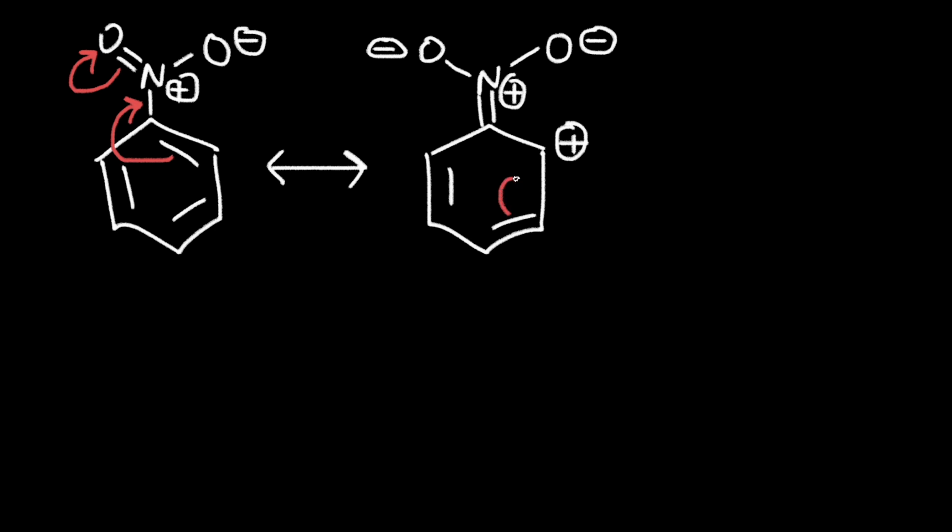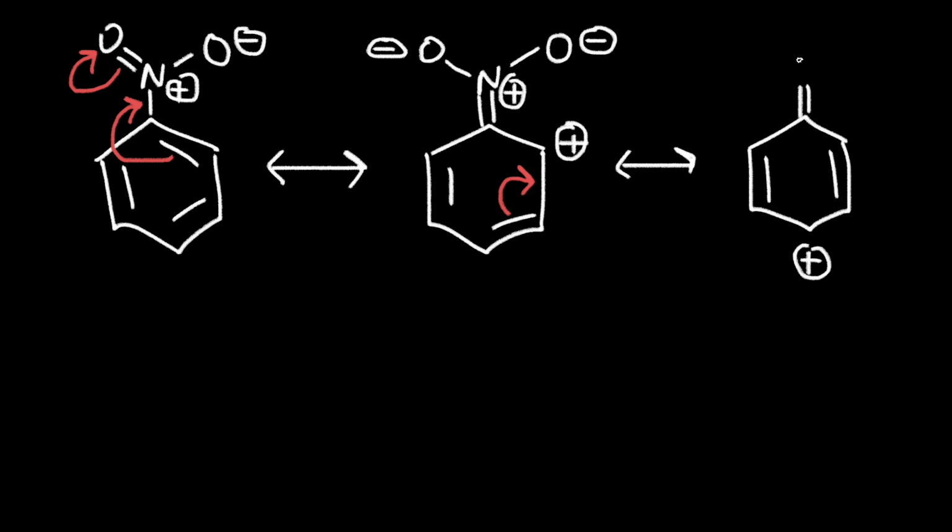So I can draw this moving to that position, that puts the positive charge on this carbon, and again the double bond can move to there.